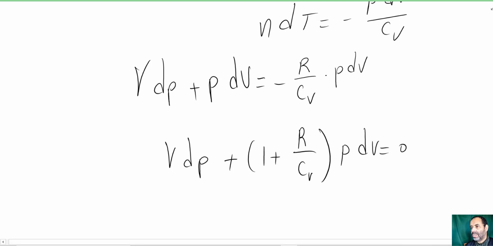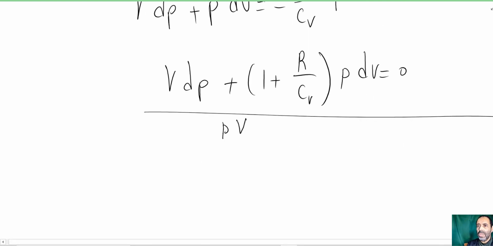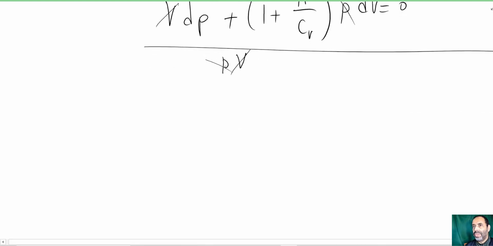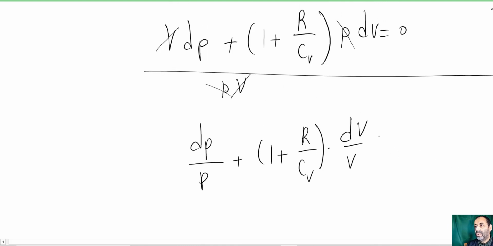Before I integrate this expression, I'm going to divide the entire expression by PV. In doing so, this V and this V in the first term cancel. This P and this P in the second term cancel. So this is what I'm going to end up with: dP over P in the first one plus 1 plus R over CV times dV over V, because the P cancels but the V stays, is equal to 0.